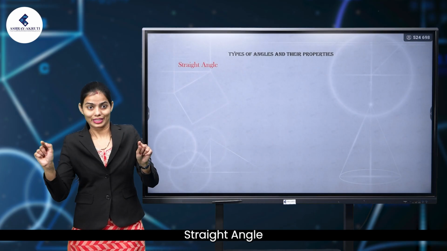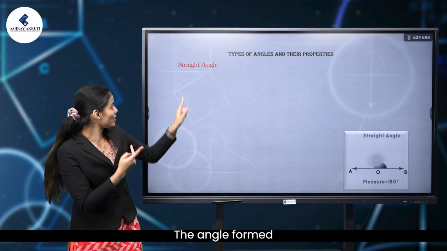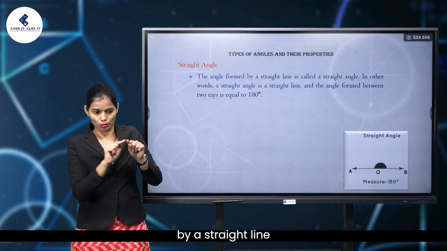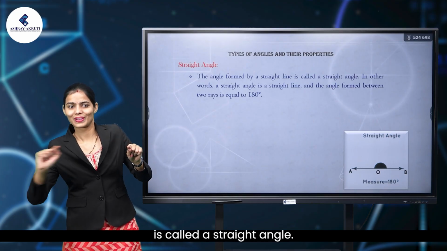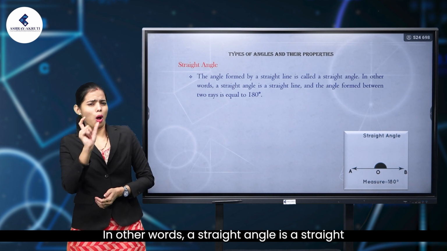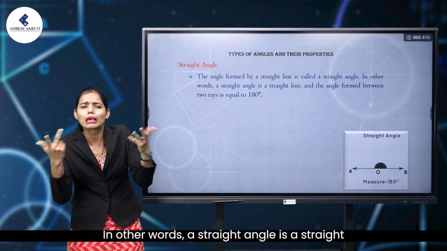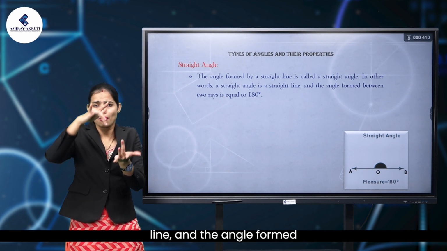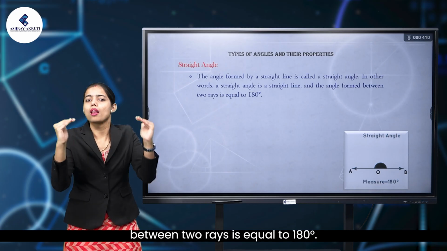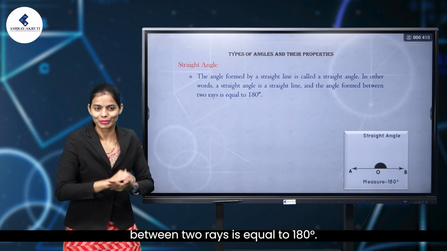Straight angle. The angle formed by a straight line is called a straight angle. In other words, a straight angle is a straight line. And the angle formed between two rays is equal to 180 degree.